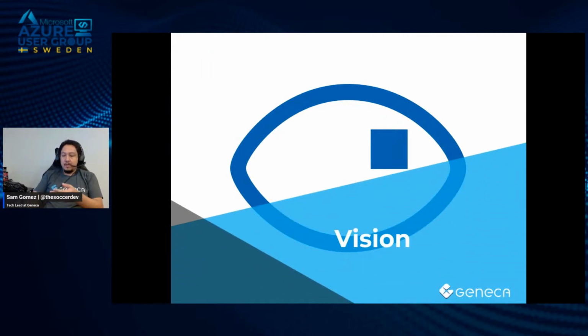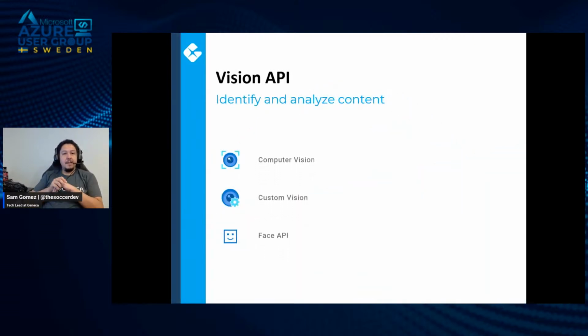All right. Vision API or the vision category is next. So computer vision, you have the ability to extract text from images, do image analysis, so be able to identify what's going on in a particular image, generate captions for your images.